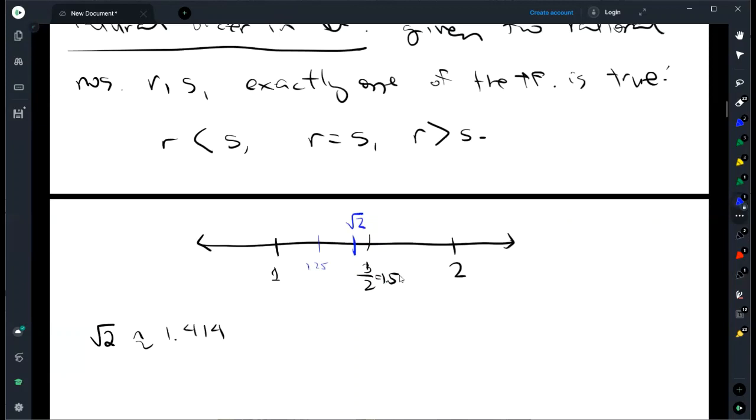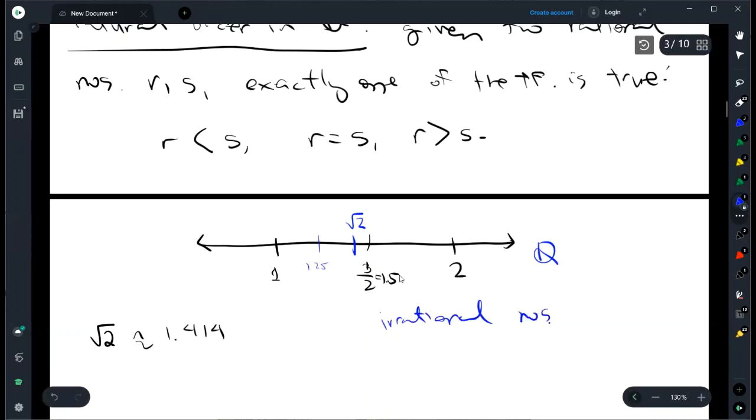Okay. So after describing the rational numbers in the number line, what we actually notice is that the irrational numbers fill up the holes or gaps in the real number line.